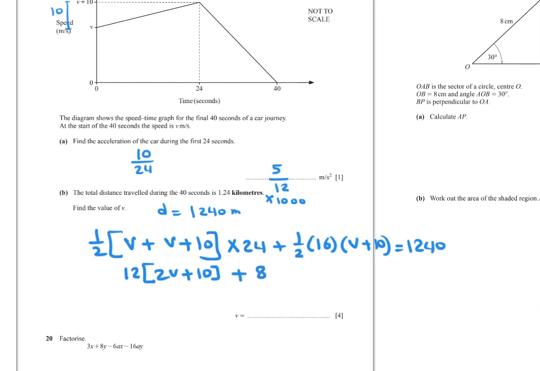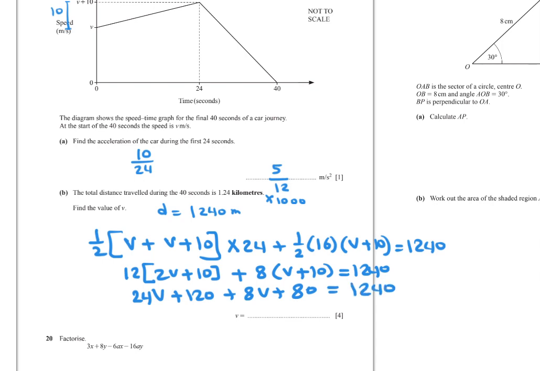So 8 times v plus 10 equals 1240. 12 times 2v, 24v. 12 times 10, 120, plus 8 times v, 8v. 8 times 10 equals 80, equals 1240.